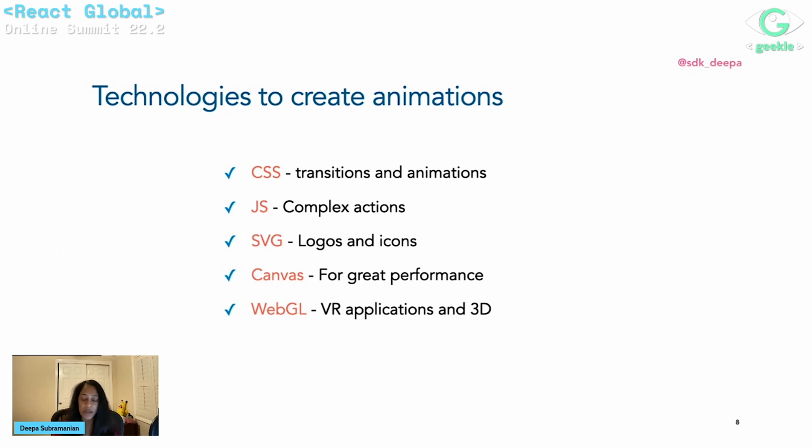You can animate logos, icons, and diagrams, etc. People use SVGs because of their smaller file size. And you can also use Canvas for great performance. And WebGL is mainly used for VR applications and 3D. So these are the technologies used for creating animations in a web page.